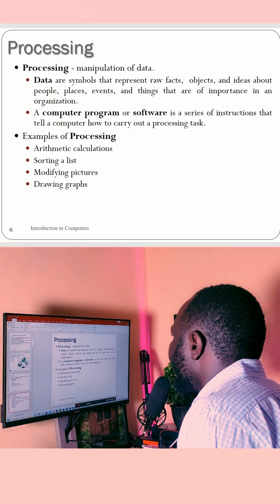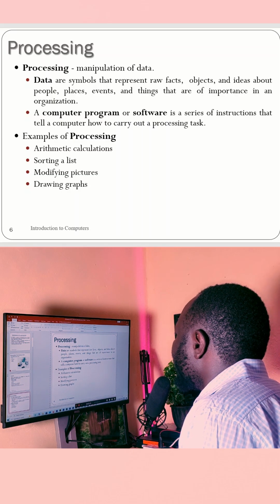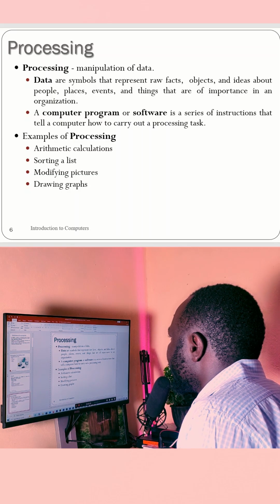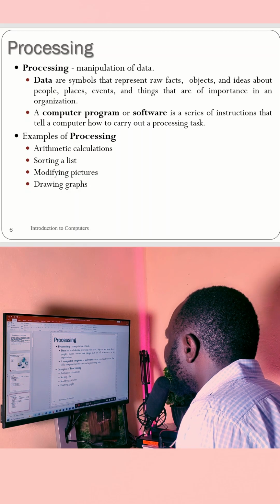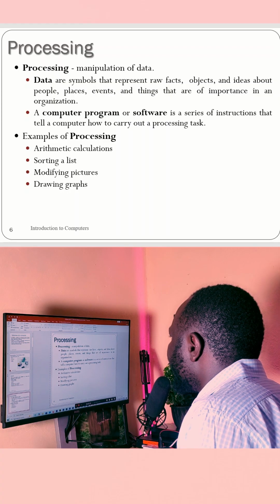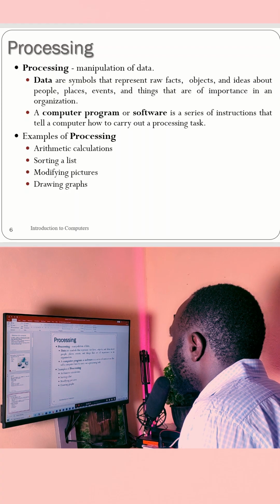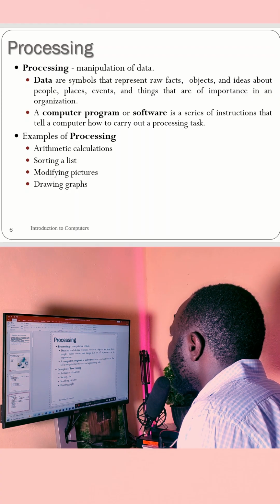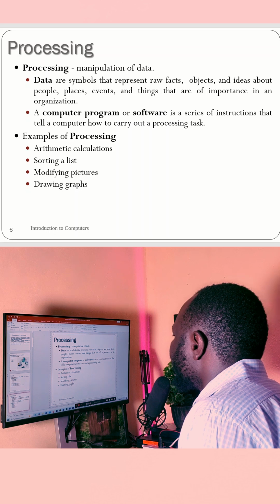A computer program or software is a set of instructions that tells the computer how to carry out processing. Much as we say the processor is the brain of the computer and is the one responsible for the processing, we also need the sets of instructions that will control the processing.